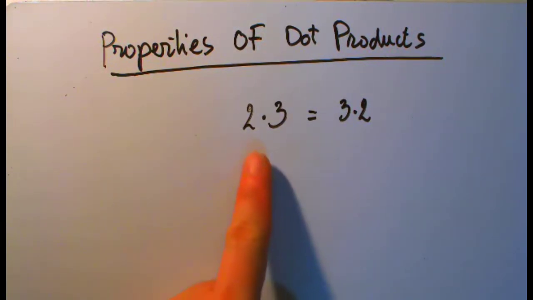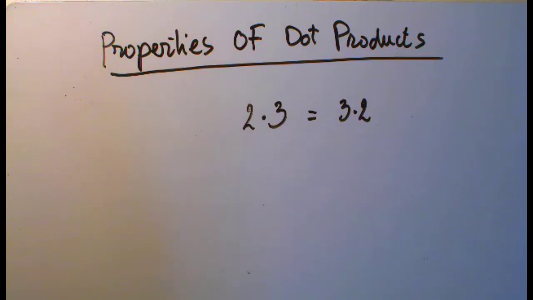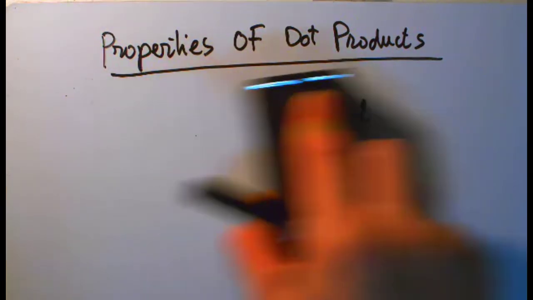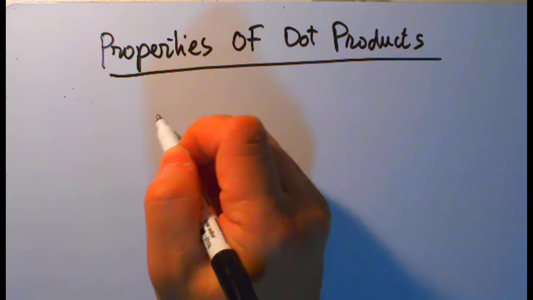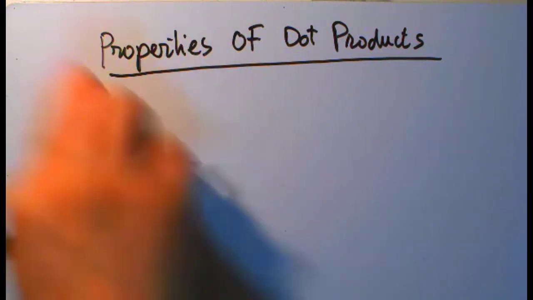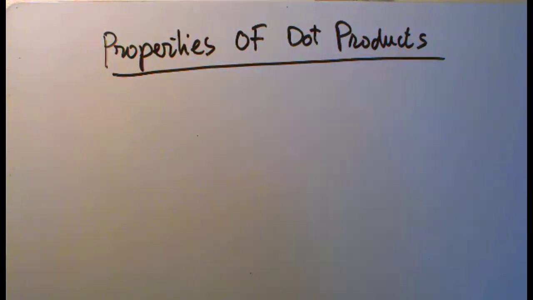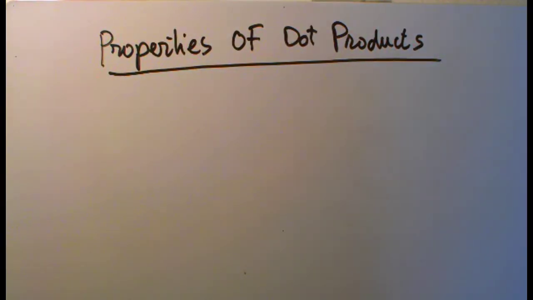So do not just assume a vector u dot v is going to be the same as the vector v dot u. We have to investigate that carefully. So let's find out. For most of our demonstration here, I am going to stay in the R2 vectors.